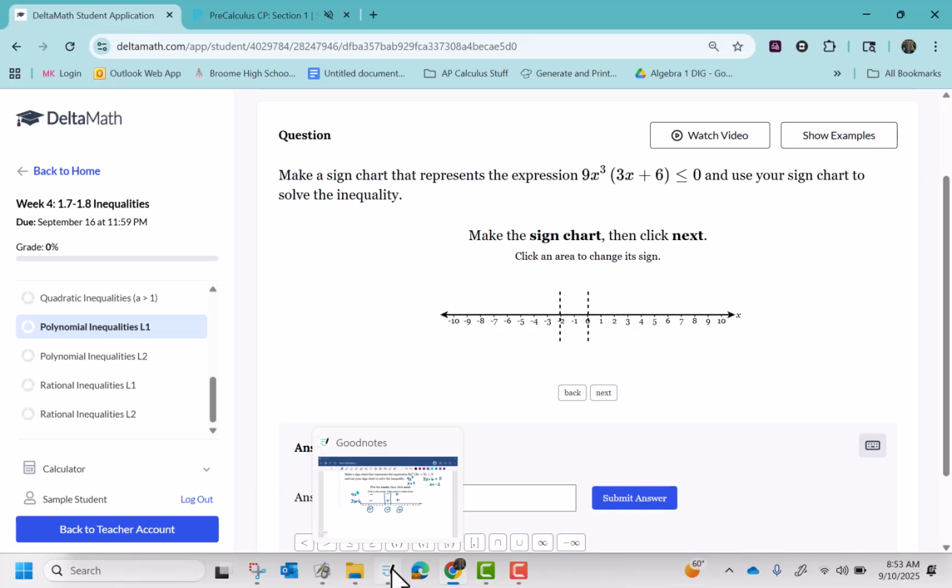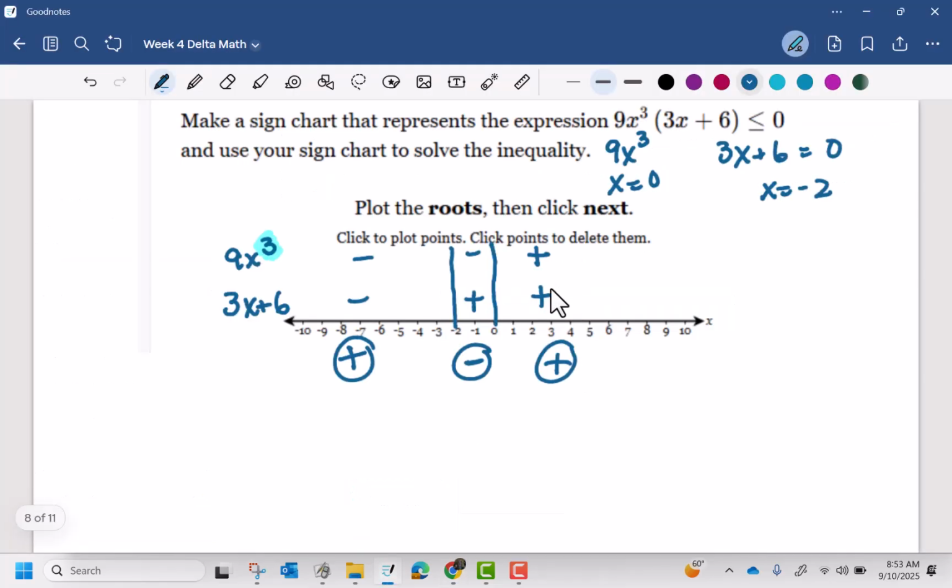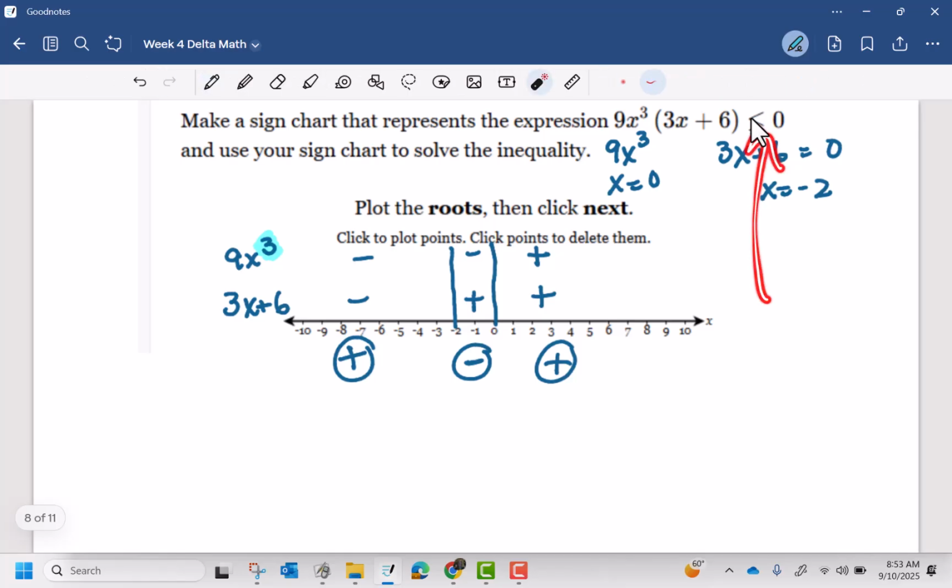So if we look back, it was positive, negative, positive. So you click it, positive, negative, positive. Then you put your answer. Now, what am I looking for? I am looking for the negative answers. If you look right there, it's less than 0, so it's negative, and it's going to be brackets.